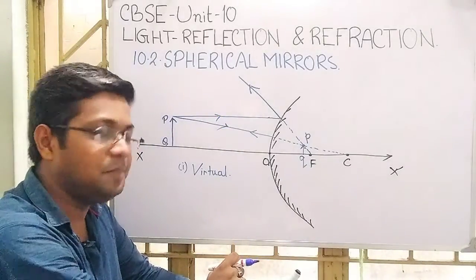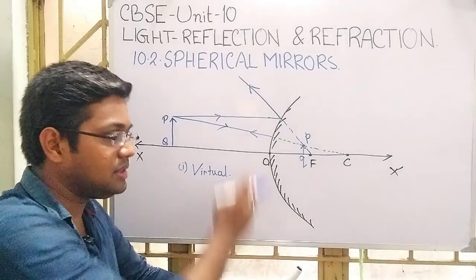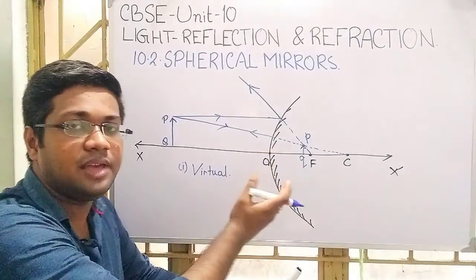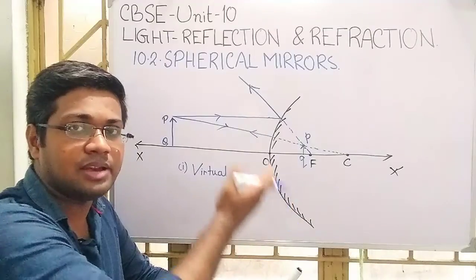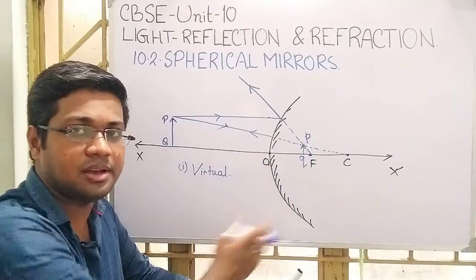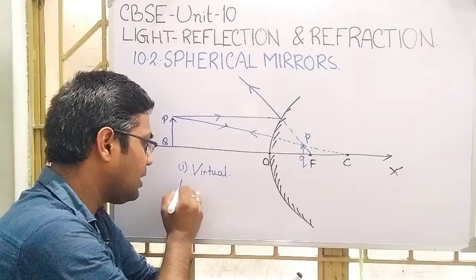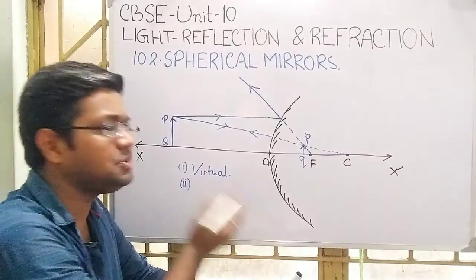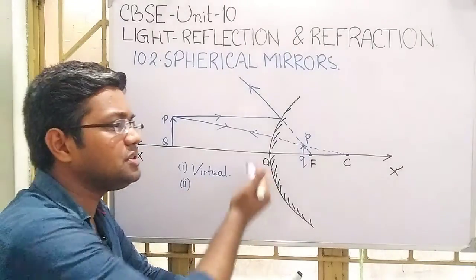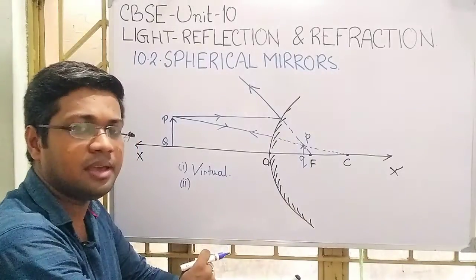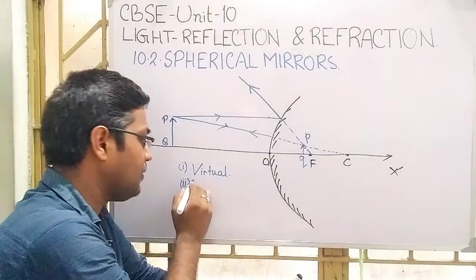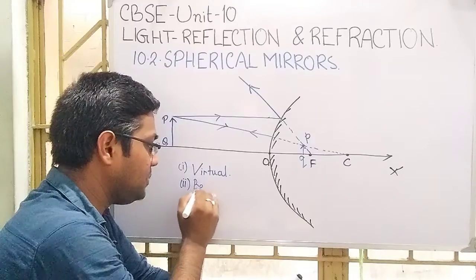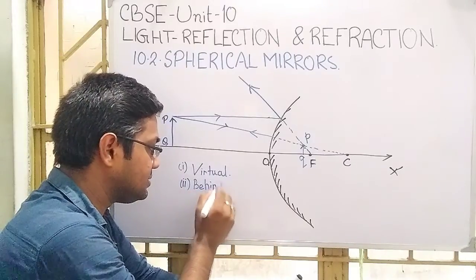The image appears to diverge from that point. We cannot take it on a screen, we cannot touch it. The next is where the image is situated. The image is situated behind the mirror, in between O and F.